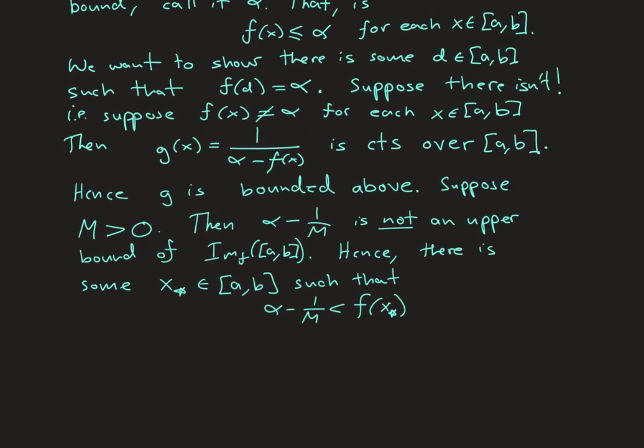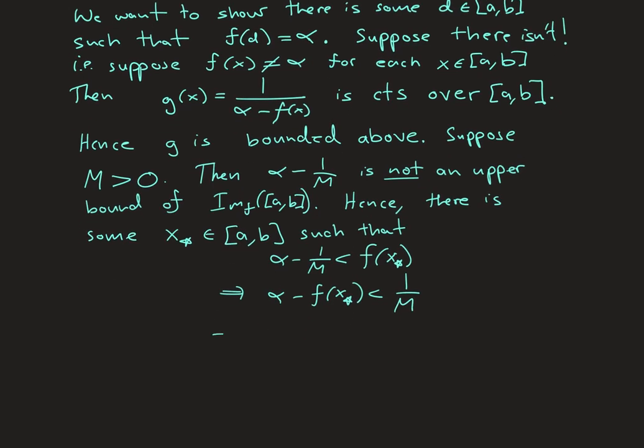Okay, well, let's just ask what that means. Well, that would mean that alpha minus f of x star is less than 1 over m, but by taking reciprocals, that implies that 1 over alpha minus f of x star is bigger than m, right?